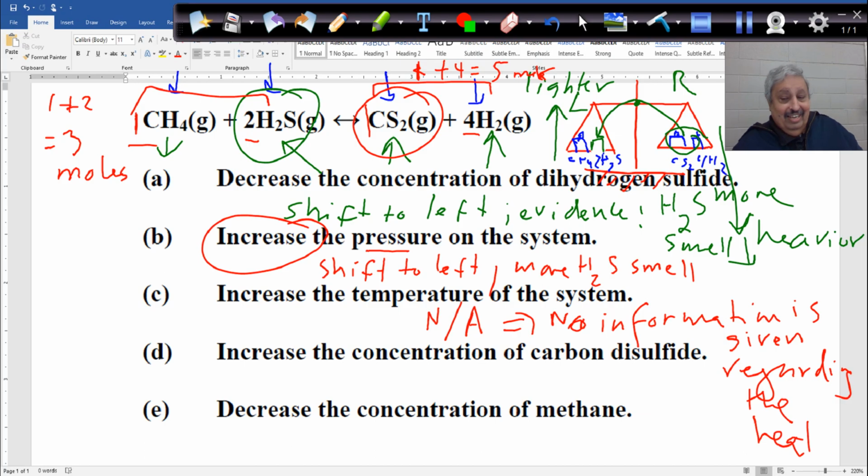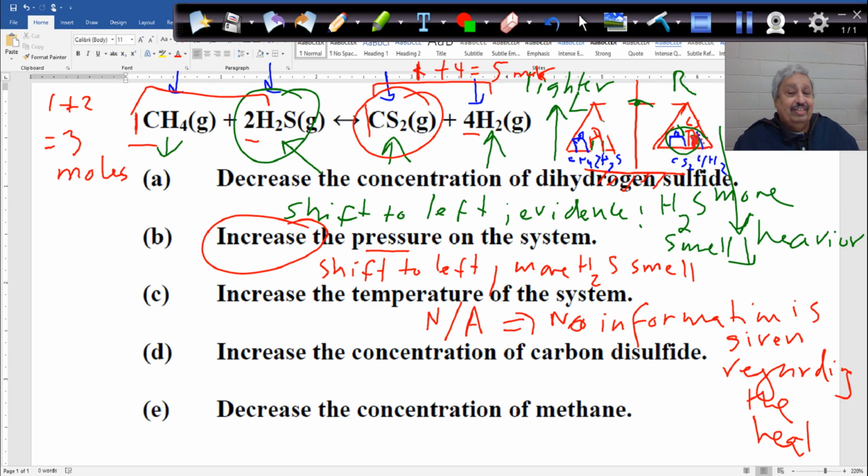If I increase the concentration of it, meaning I am adding extra CS2 here, to where am I adding it?